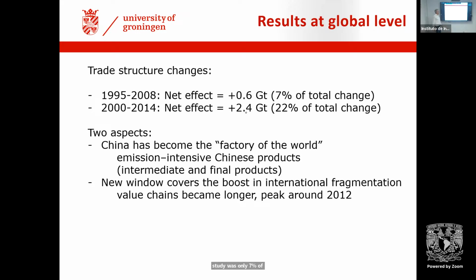Now, two aspects here. The new window covers the boost in international fragmentation, the genes going all over the world. So value chains became longer, and other studies have shown that there's a peak in this traveling around the world around 2012.